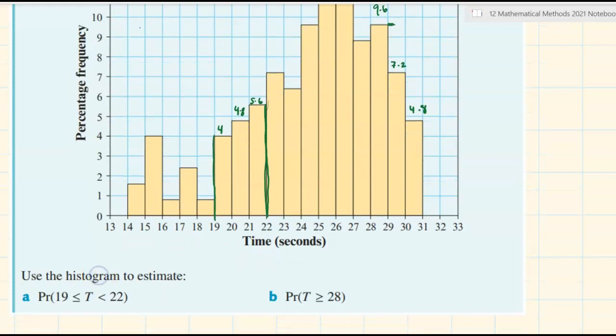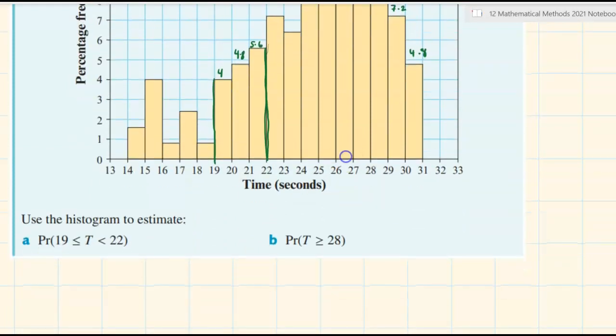Now, if you add those together, it's going to be the probability that t is between 19 and 20, plus the probability that it's between 20 and 21, plus the probability it's between 21 and 22. It's going to be 4 plus 4.8 plus 5.6. I really don't think you're going to get a question like this, but I just wanted to demonstrate something to you.